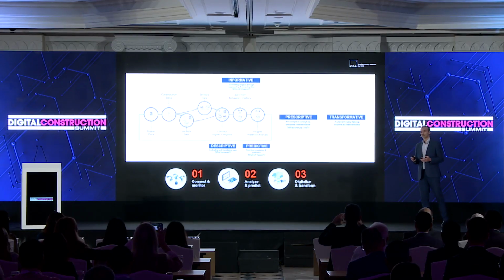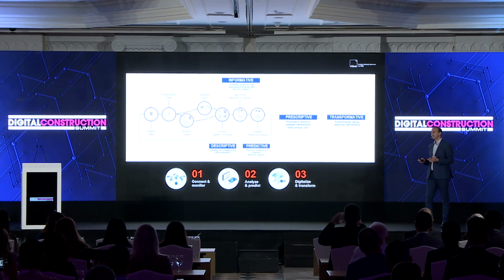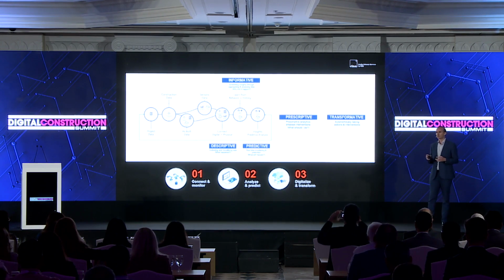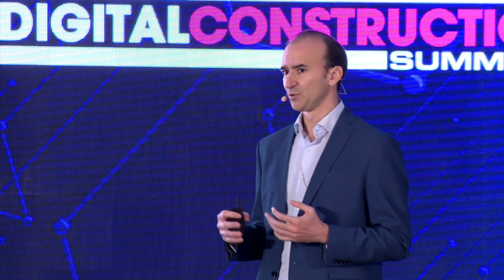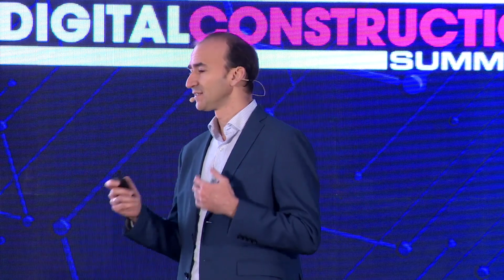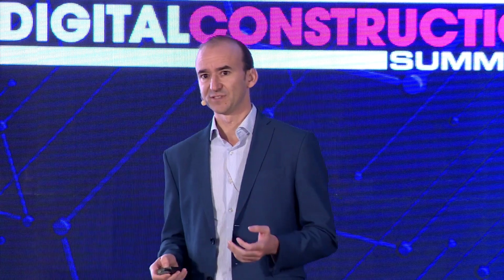And the most advanced level of a connected build environment is the transformative. The system itself will make decisions without any human interaction. We're getting to that point of more artificial intelligence being embedded into our systems, and at the maturity level, it will reach the point where the systems make their own decisions.